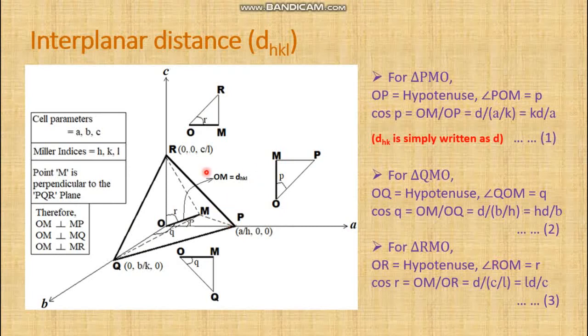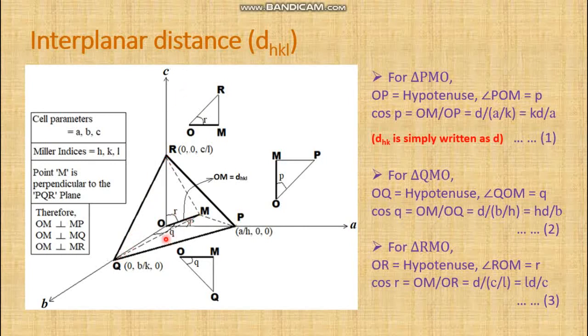Okay. Now we have some unit cell, and that unit cell has the cell parameters A, B, C, and it has some lattice plane which intersects the A axis at P, the B axis at Q, and the C axis at R point.